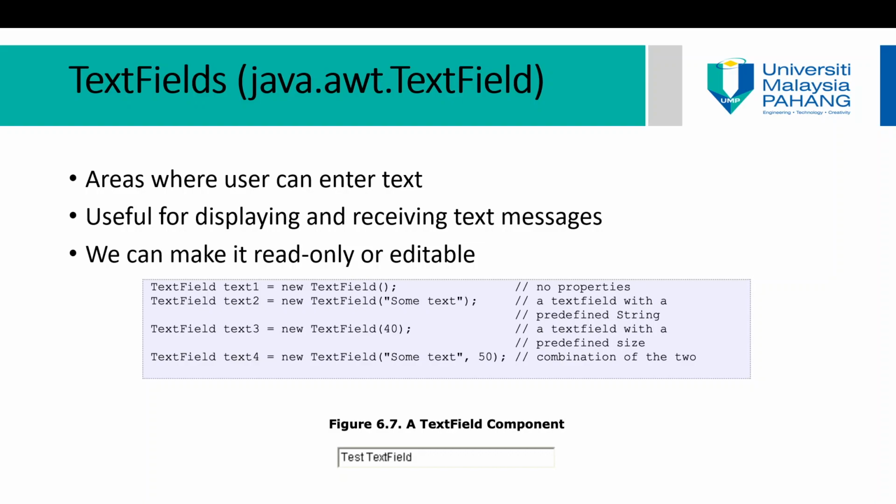Another component or object in GUI is the text field, whereby inside the text field, for example, you can enter any value. It also can be used to display an output, or we can make it read only, or we can edit the value of the text field.